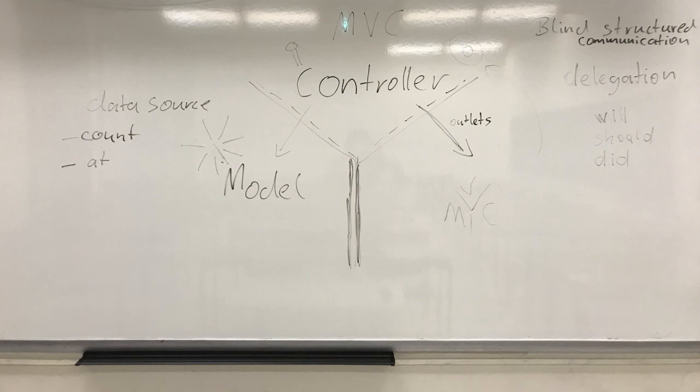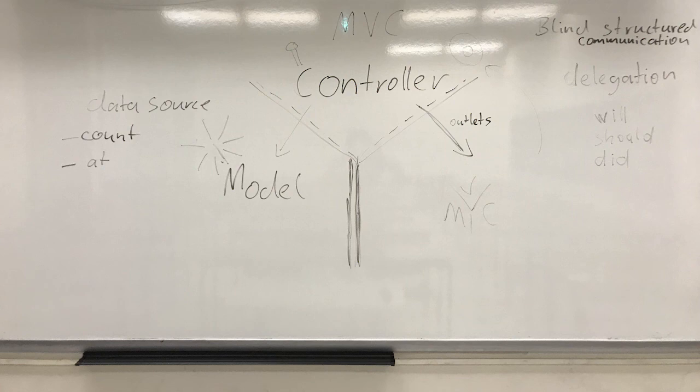So the did make appointment is going to be passed to the year controller through delegation, and then it can update the model. Maybe how we're updating the model would be putting all the appointments in there. That would be something that the year calendar model would know about.